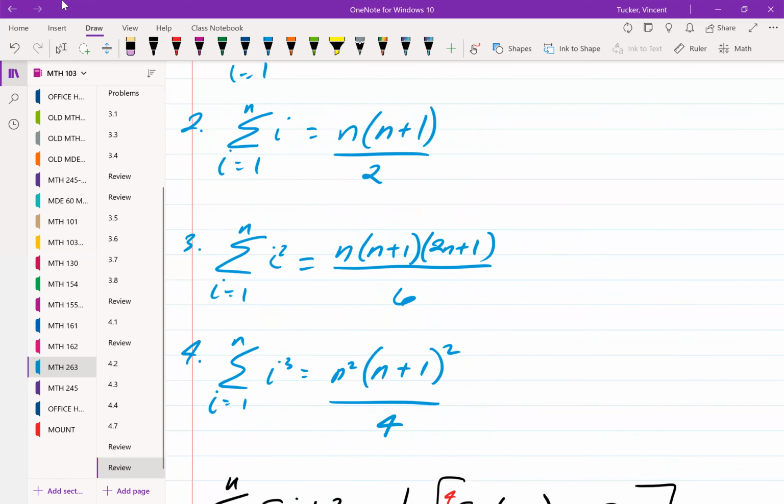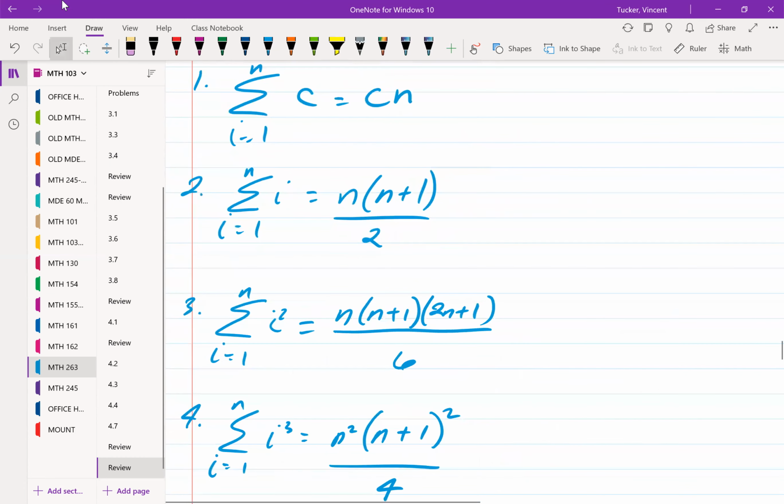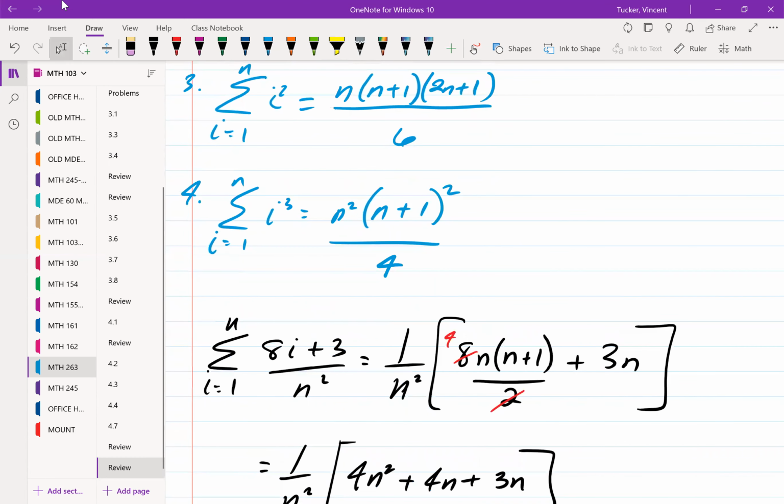All right, so if we look at what we have, we have i right here that we can substitute in n times n plus 1 over 2. And then we have the constant, which is 3, and we can just substitute n for the constant. Notice that if we just have a constant, you can do c times that n.